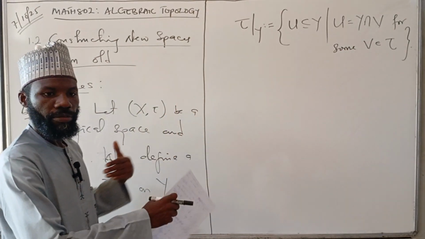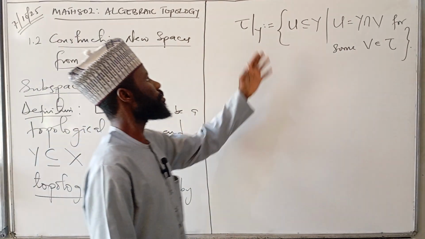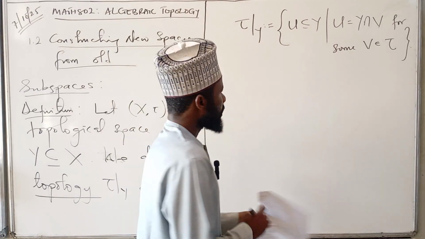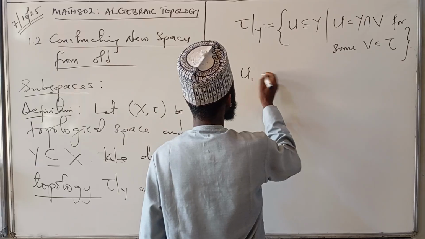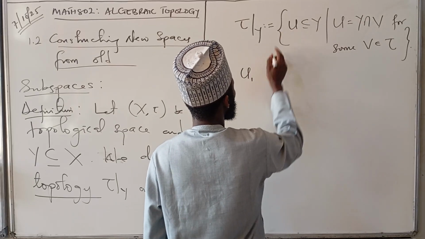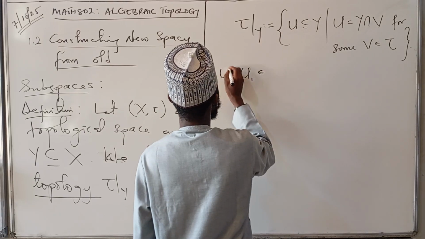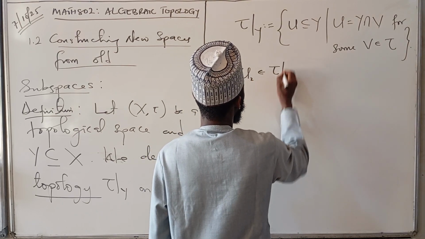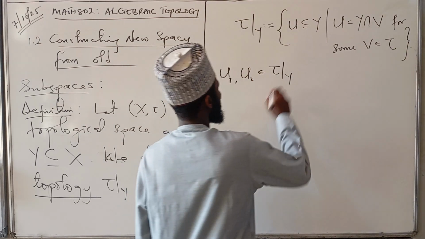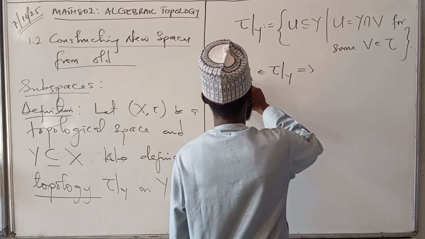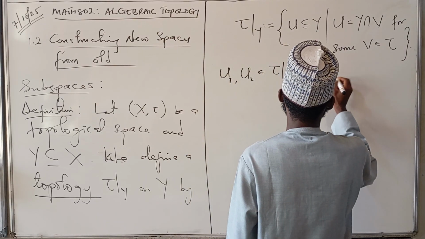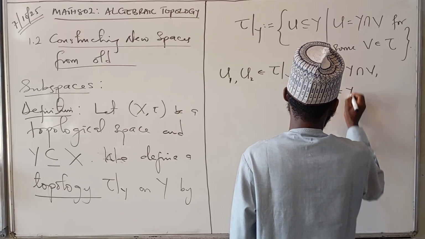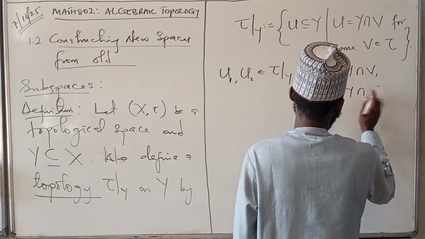If you pick any two members, u1 and u2 coming from tau_Y, then by definition u1 is Y intersection V1 and u2 is Y intersection V2.